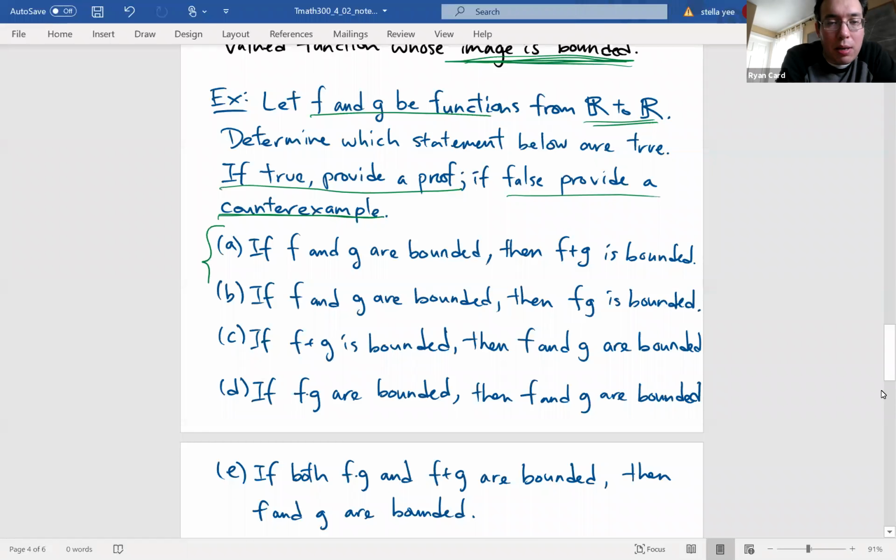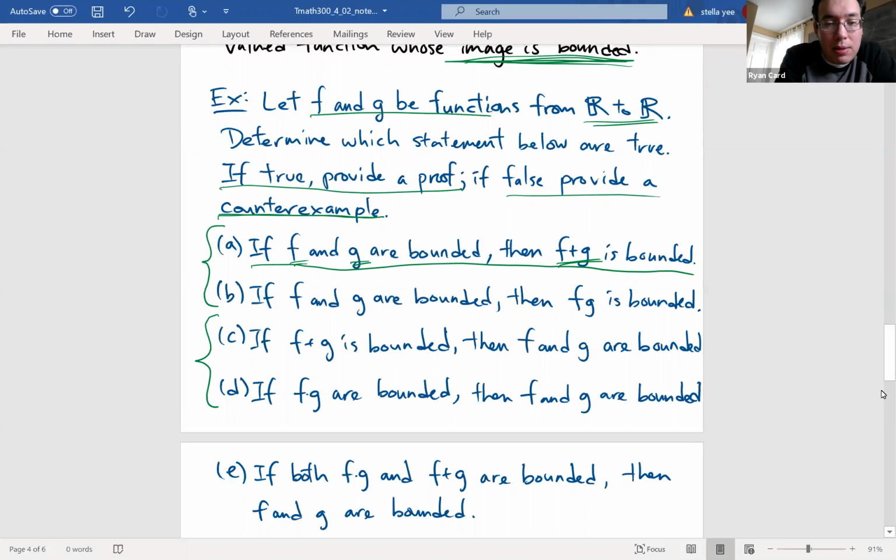So problems A and B are similar, and C and D are similar. So I think what I'm going to do is maybe I will prove part A. A happens to be a true statement. If you have two bounded functions, then when you add the functions together, you get a bounded function.